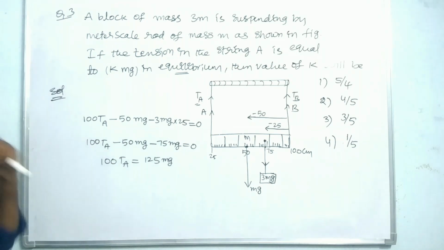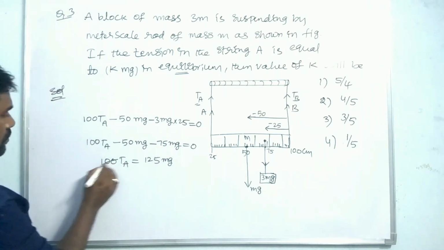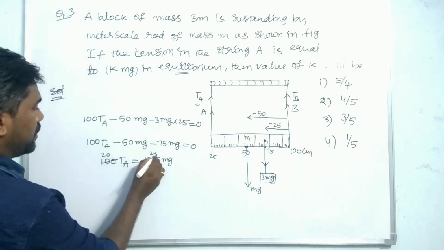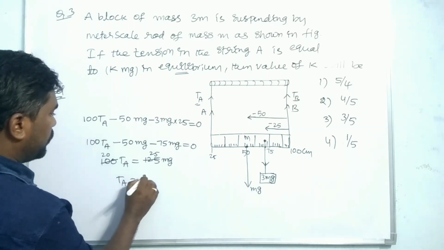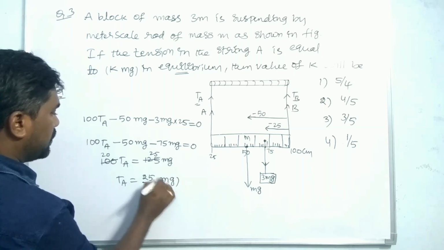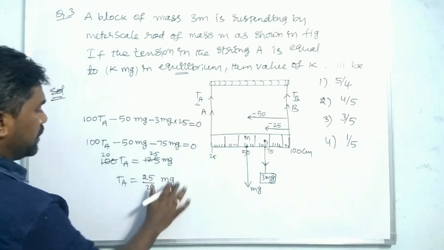Let us write 20, and 25 5s are. TA is equal to 25 by 20 into mg.